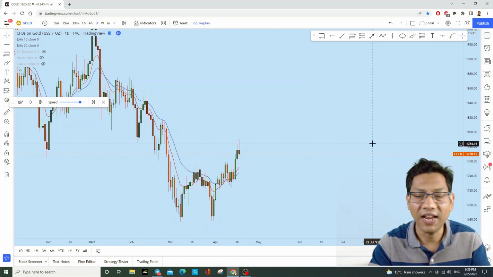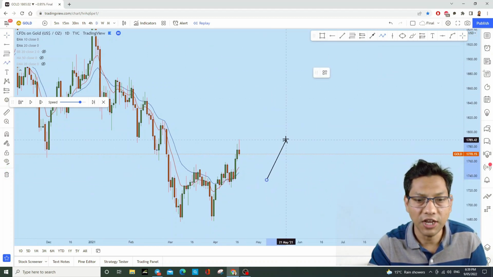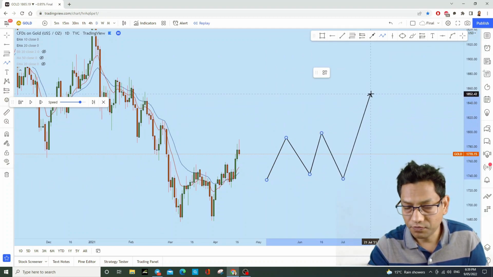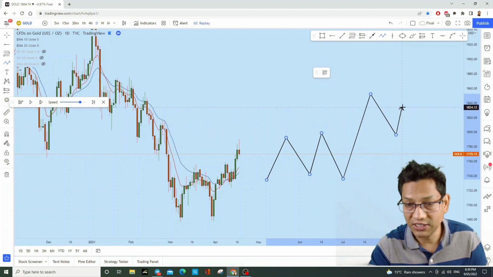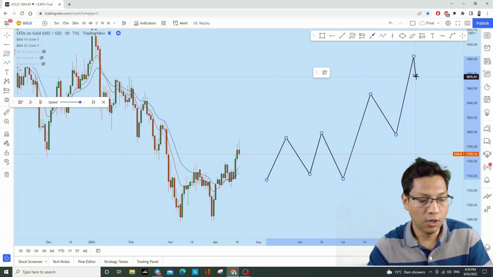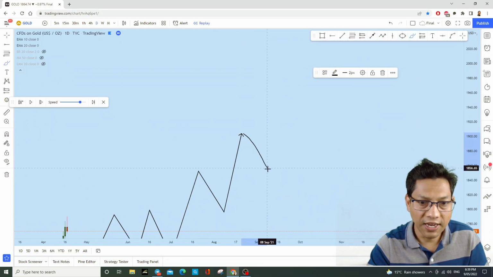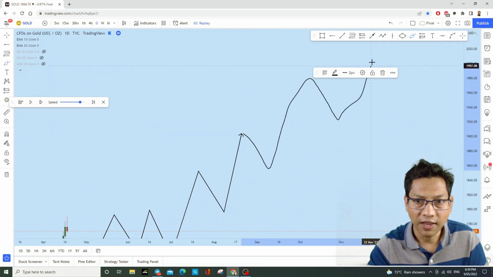So what is the market structure for a trend? If you see a double bottom and then the price broke above, tested the previous resistance as a support, and broke above again, we can expect the market to move creating a series of higher highs and higher lows.